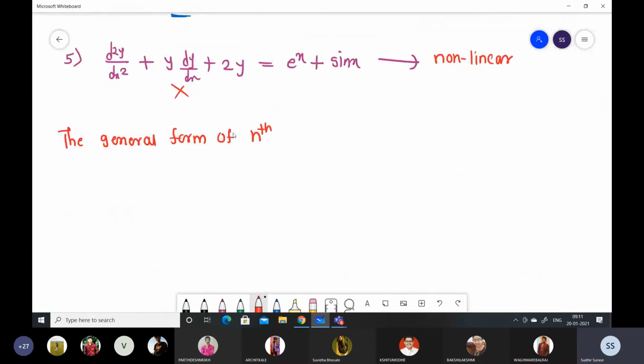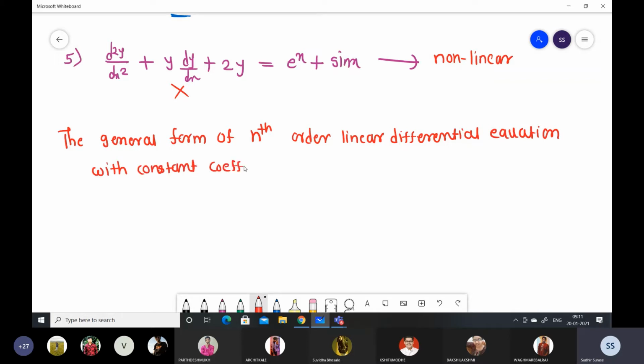Now the general form of nth order linear differential equation with constant coefficients.